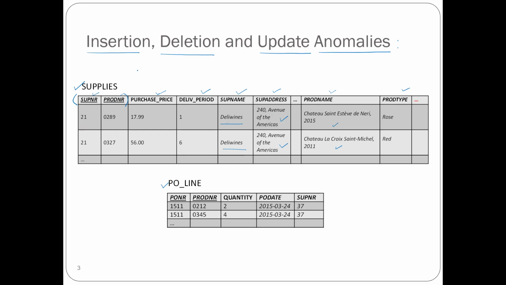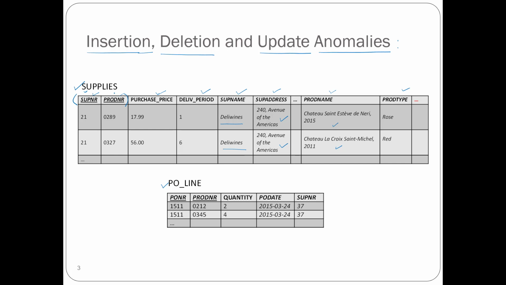Now let's think about a supplier who is just coming into business. So we have a supplier, but the supplier has not supplied any product yet. Therefore, we will have the supplier number, but we won't have any product number because the supplier is new and did not supply any product.